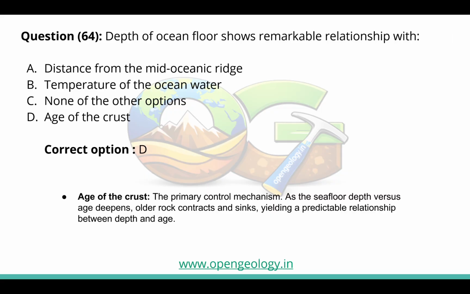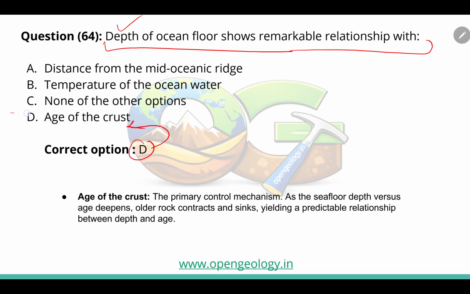Another question is: depth of ocean floor shows a remarkable relationship. The depth of the ocean floor is generally related to the age of the crust. The primary control mechanism is that seafloor depth versus age depends on the older rock. As you know, the ocean starts from the mid-oceanic ridges.